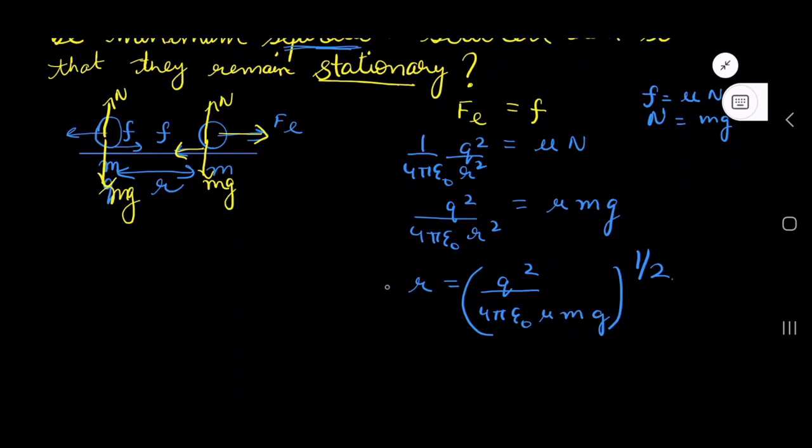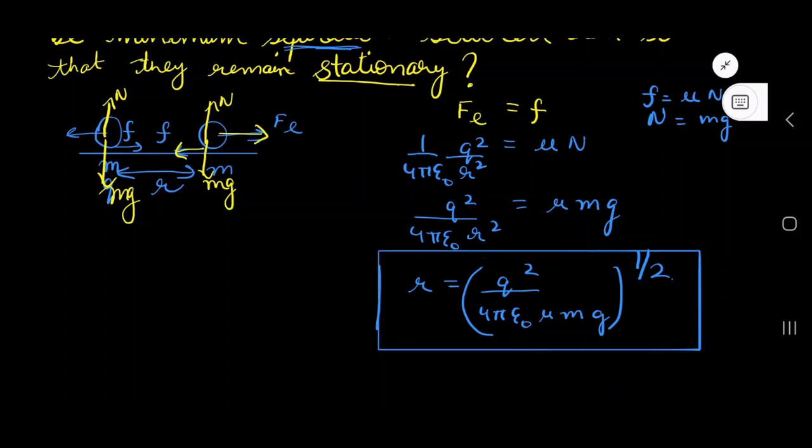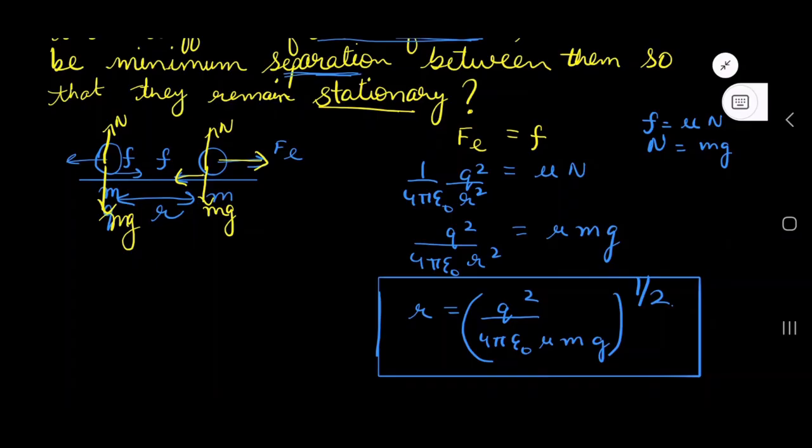So this is the value of distance. That minimum distance should be this much, so that the system is in stationary state. Okay, so this is the minimum separation or distance.